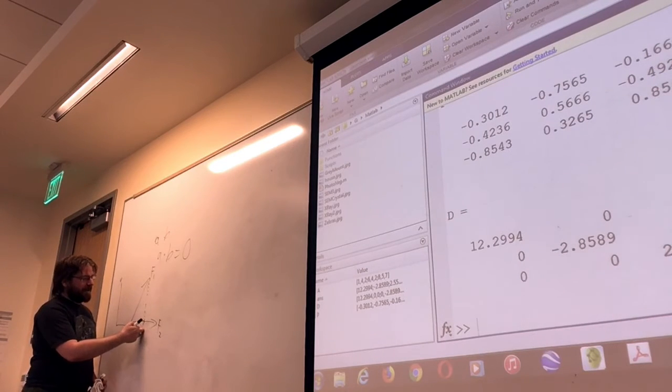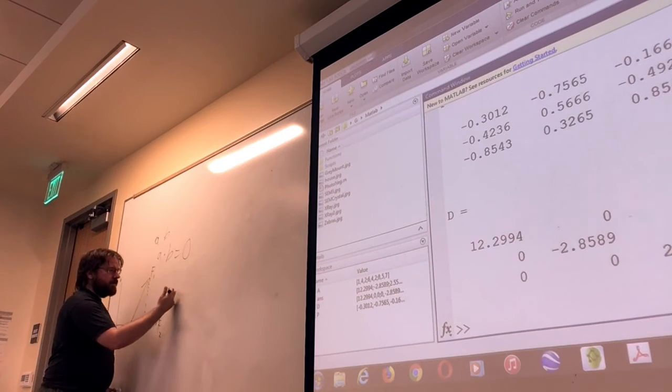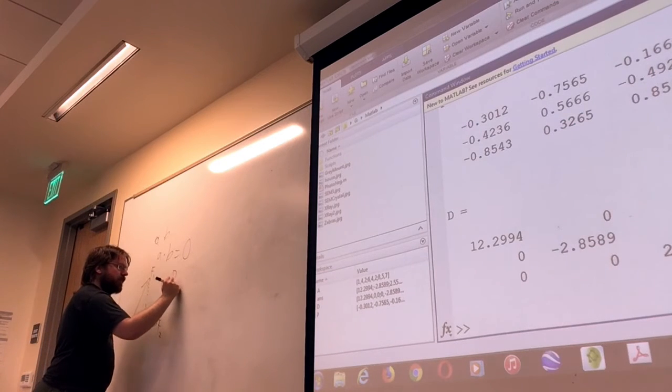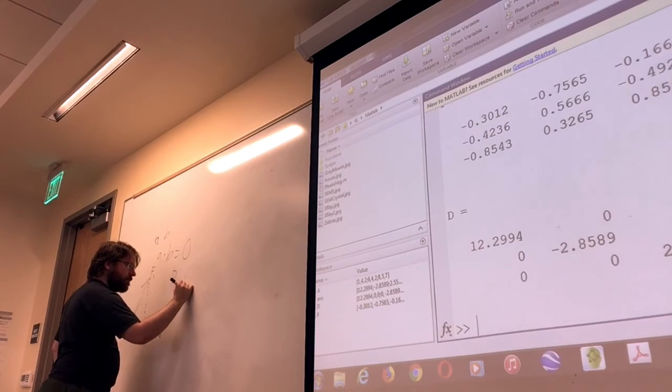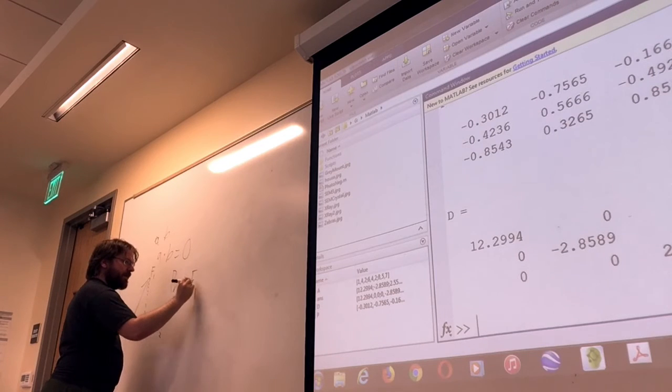And so to calculate this, you use an equation for the projection of one vector.